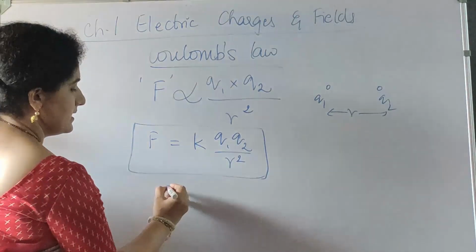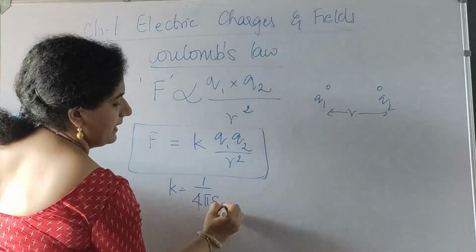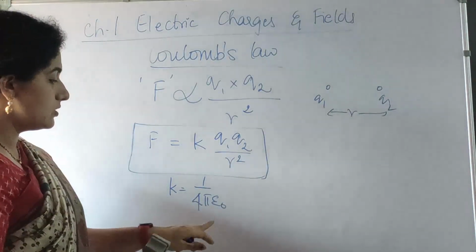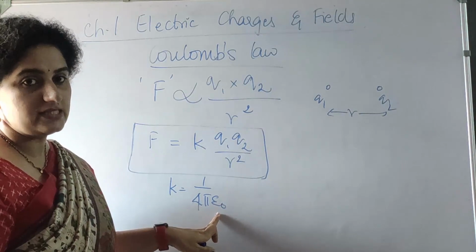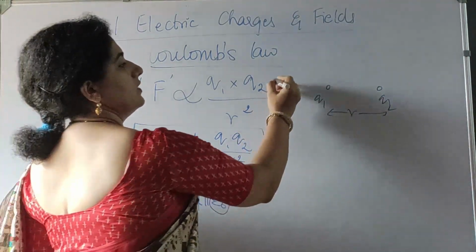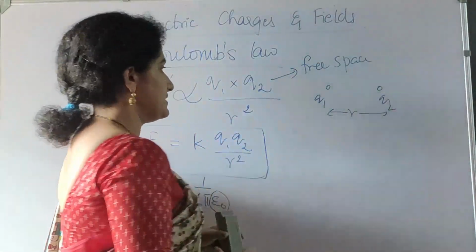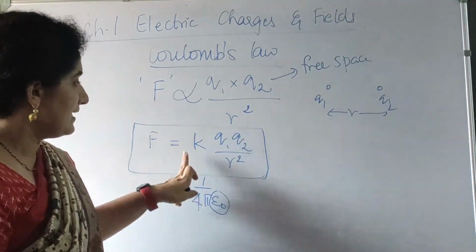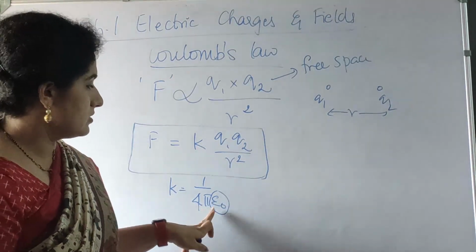The value of K is actually 1 by 4 pi epsilon naught. Epsilon naught is the absolute permittivity of free space. One more thing you have to keep in mind is that we always consider this value in free space or vacuum, otherwise it does not hold good and the value we get is not proper.